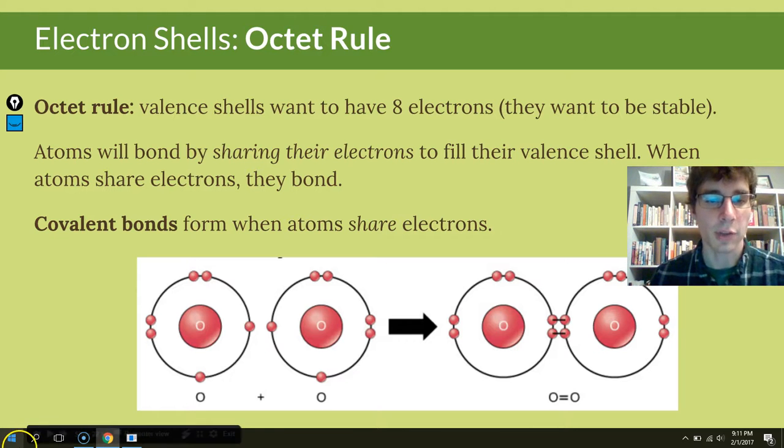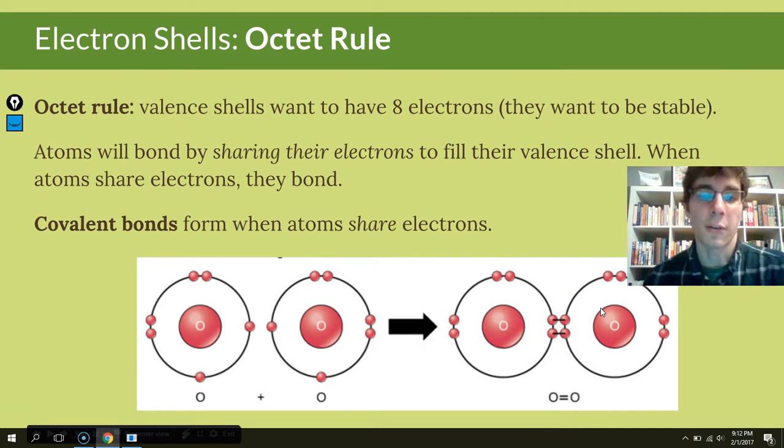In the case of oxygen here, oxygen has 1, 2, 3, 4, 5, 6 in its valence shell. So 6 plus 6, it only equals 12. But we can actually share 2 electrons for each of them. So if we count here, 1, 2, 3, 4, 5, 6, 7, 8, this one has 8, and then since it's sharing, this one also has 8 because of the bond that's happening right here.